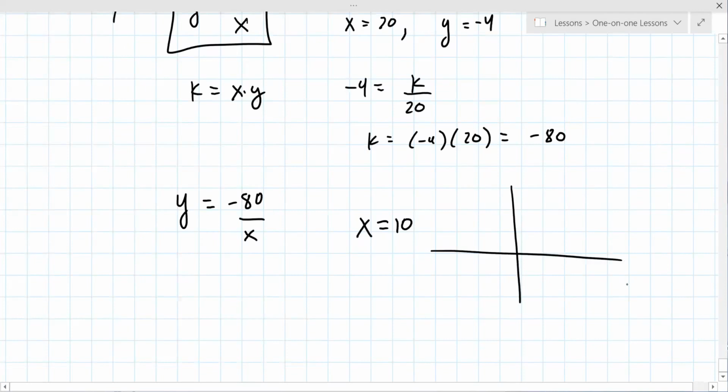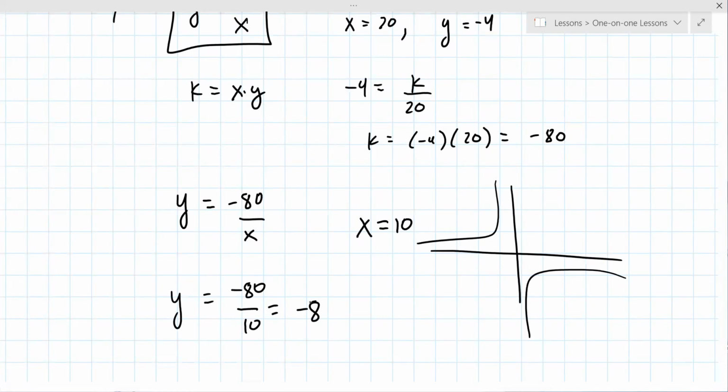So it looks like something like this. But I think really the emphasis is on getting the value out, which is -8. Ready for 26? Yeah. Okay.